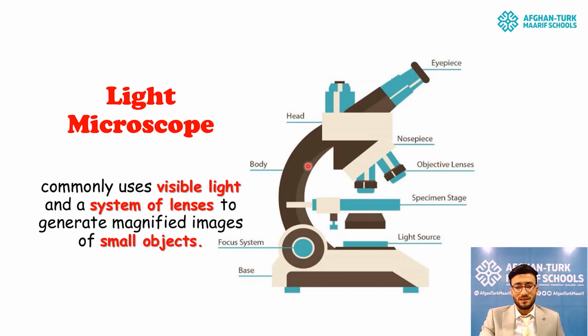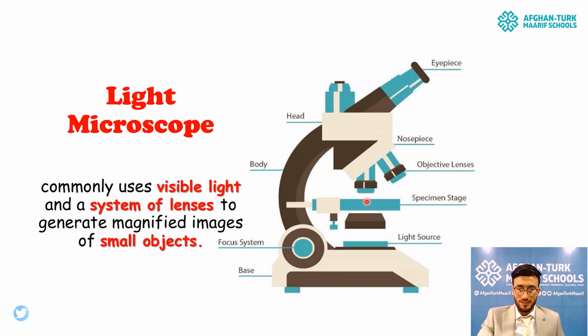And this is the body that you will hold this microscope. This is the stage where a specimen or the sample is put to see, and these two are focusing systems. This is the base, and this is the light source, which is connected to this machinery to see tiny and small parts into large scales.